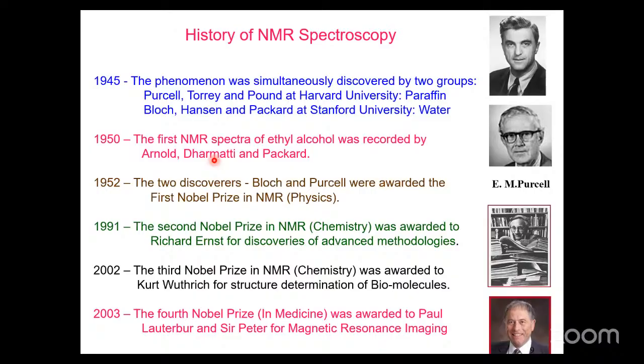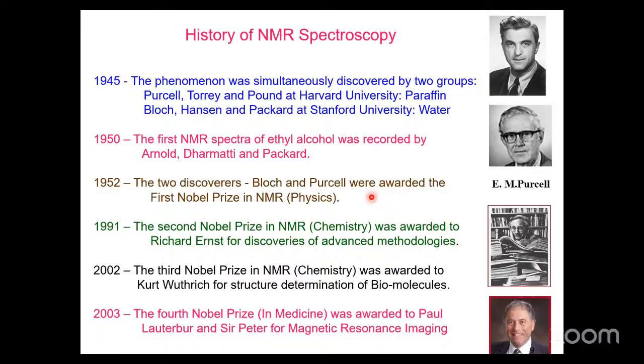After working at Stanford University, he moved to TIFR Mumbai, where he developed a very nice NMR division. In 1952, both these scientists, Bloch and Purcell, were awarded the first Nobel Prize, which is in physics.